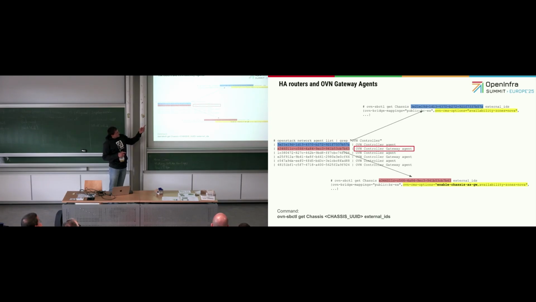But the other one, the controller agent, works just like a configurator for the OVS for this specific node. It works with metadata, etc. It's getting requests from the north database, etc. But it doesn't work with chassis gateway. And you can see here the example of how they differ.